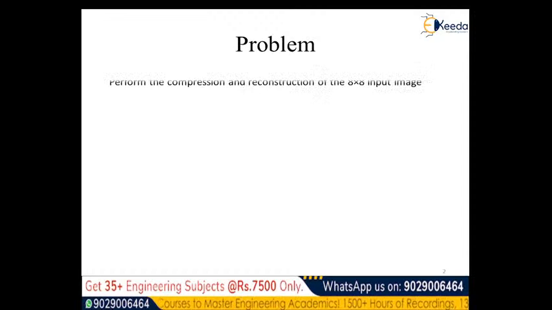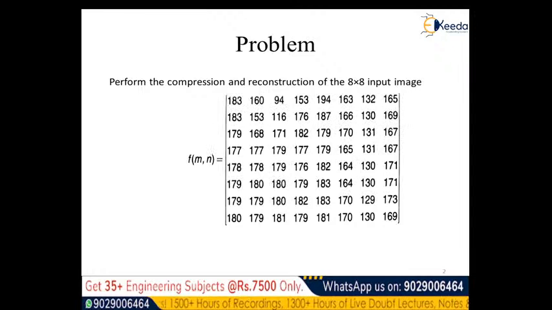The problem statement starts as: perform the compression and reconstruction of the 8x8 input image. The image is provided in the problem and is denoted f of m comma n, and the statement continues with the JPEG baseline standard. We have been asked to do both things.